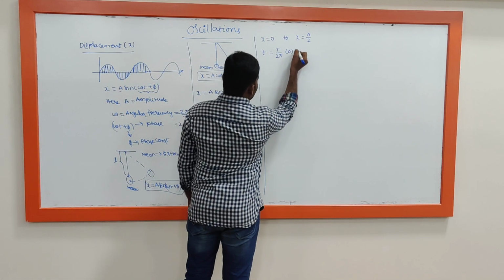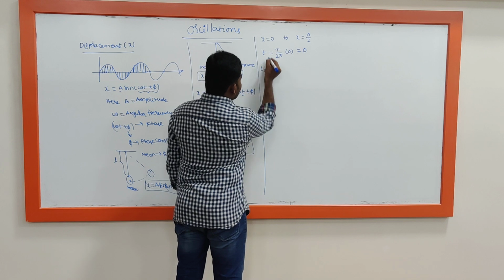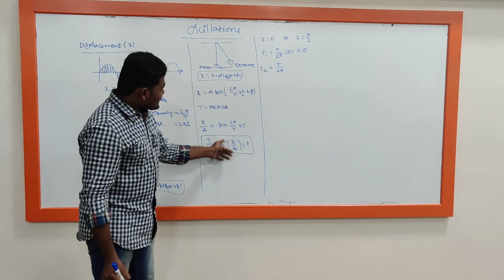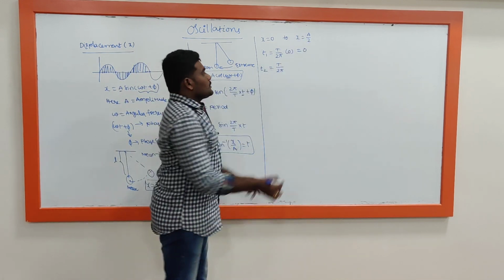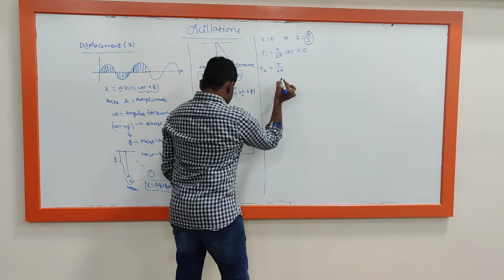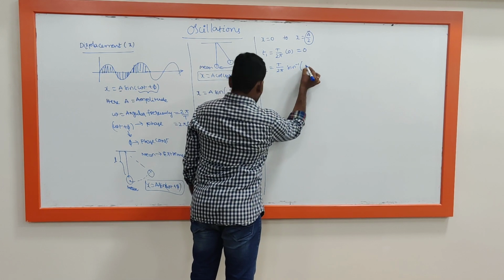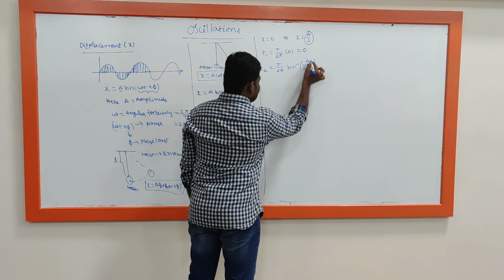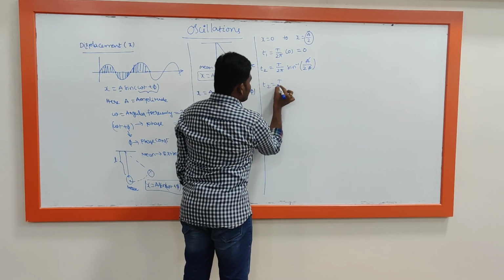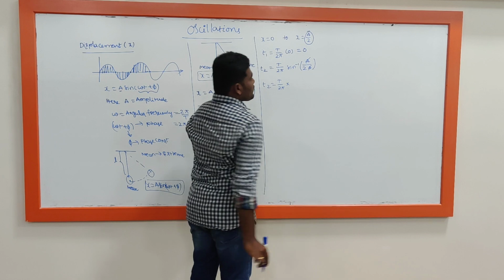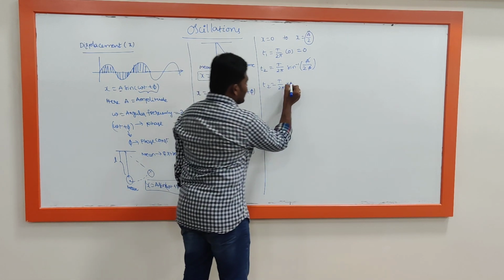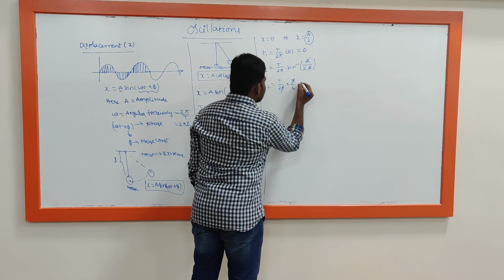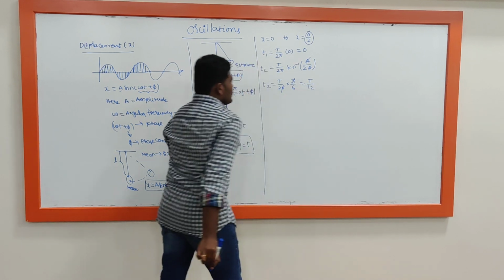Then t2 equal to T by 2 pi into sine inverse of x by a, where x equal to a by 2. So sine inverse of a by 2 divided by a, then t2 equal to T by 2 pi into sine inverse of 1 by 2, sine 30, so pi by 6. The pi gets cancelled, you can write T by 12.